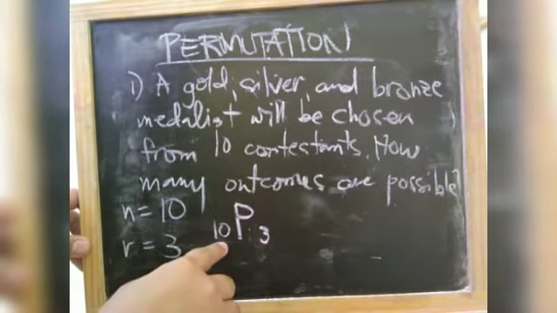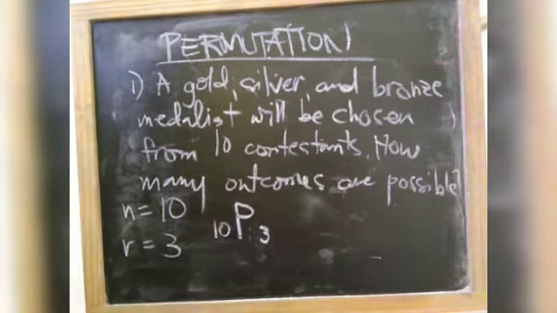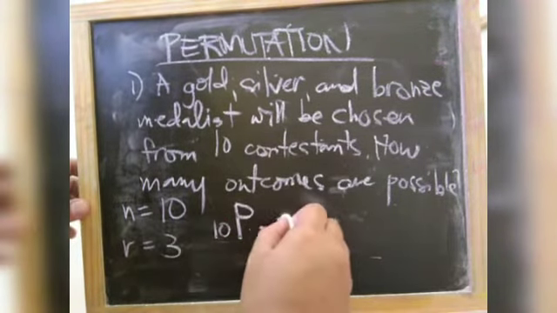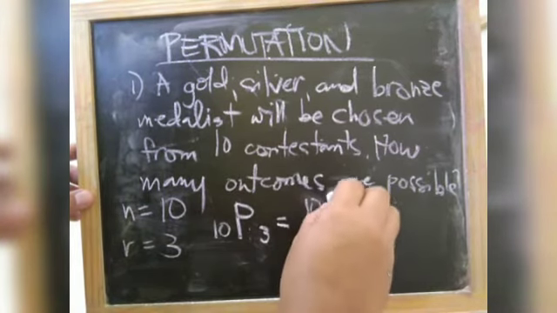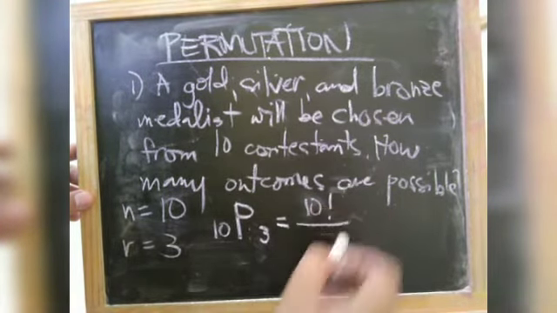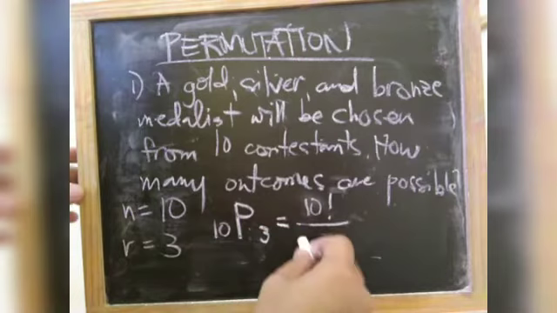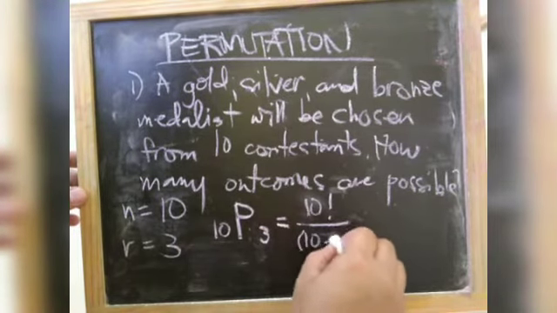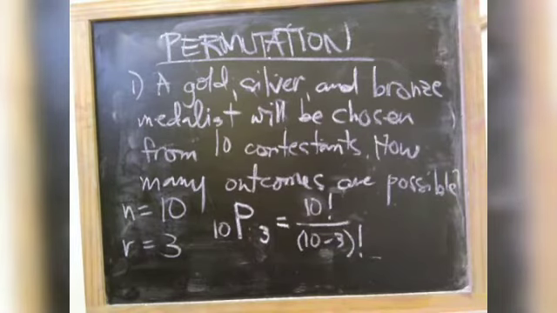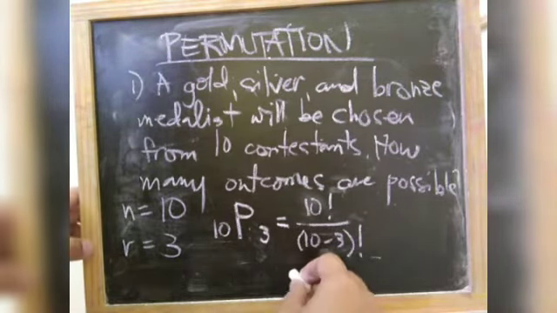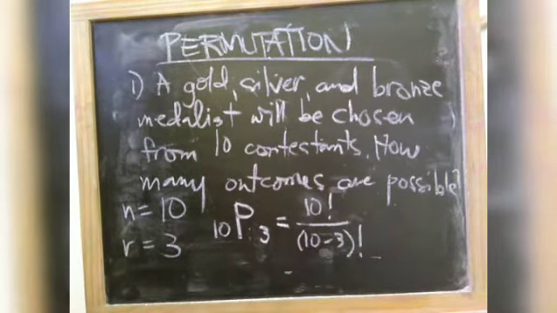That would be equal now to, if you're going to write a formula, 10 factorial all over the quantity 10 minus 3 factorial. So, ganyan siya. Medyo mahaba to kapag inano natin.